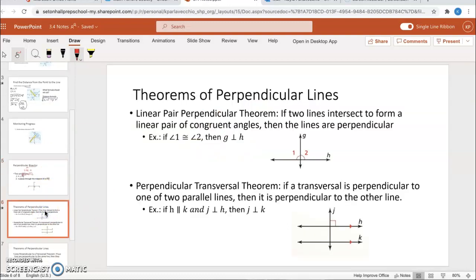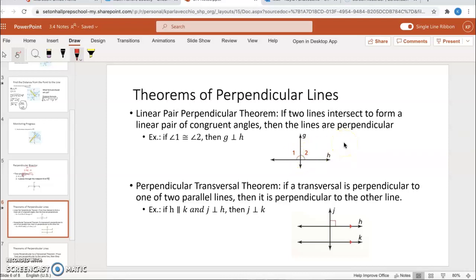Different theories and theorems about perpendicular lines. One of them is called the linear pair perpendicular theorem. And it says that if two lines intersect to form a linear pair of congruent angles, then the lines have to be perpendicular. So in this example here, I am telling you that angle 1 and angle 2 are a linear pair, and they are also the same measure because of those little arches that are there.